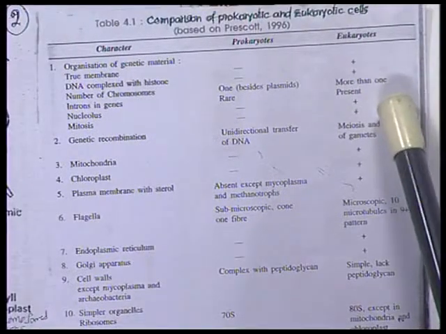And then if you look at the characteristics of the differences between prokaryotes and eukaryotes, you can see the genetic material. As I told you, there is no special nucleus part in the case of prokaryotes, whereas in eukaryotes you have a nuclear membrane. Inside the nuclear membrane you have the nucleus and nucleolus, and they help with the replication of the DNA and then protein production.